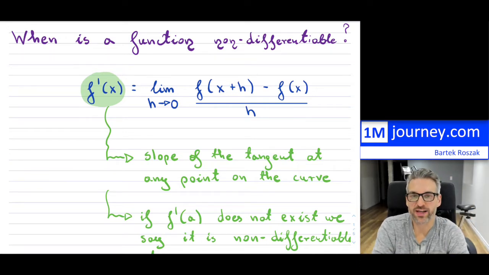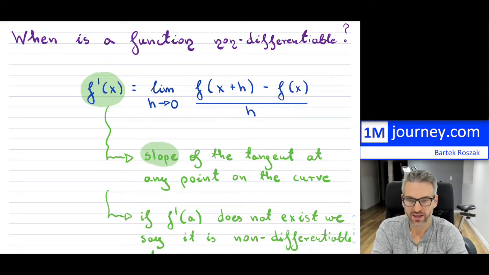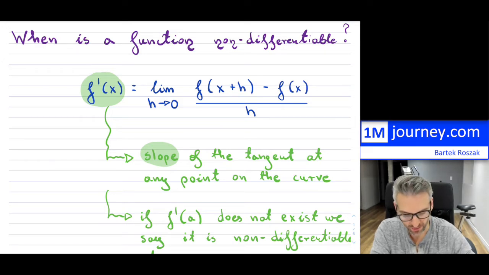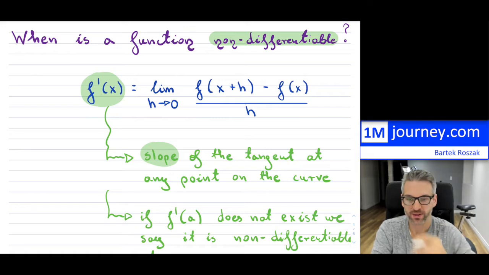Once you grasp that concept, it's basically just a function which is nothing else but simply the slope of the tangent at any point on the curve, or at least wherever the function is differentiable. Now I want to talk in this video about what happens when the function is not differentiable. So when does this limit actually not exist?